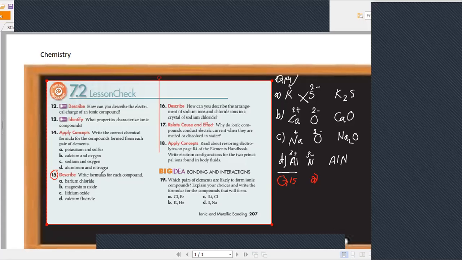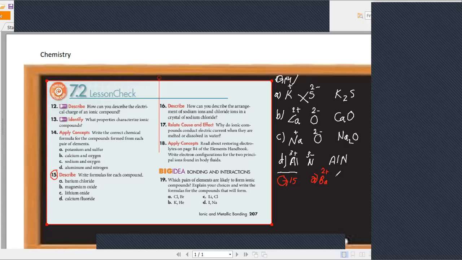A. Barium chloride. Who knows the symbol of barium? It's Ba, teacher. Barium is in which group? 2A. So it's going to have 2 valence electrons. This means it will form a positive 2 ion.